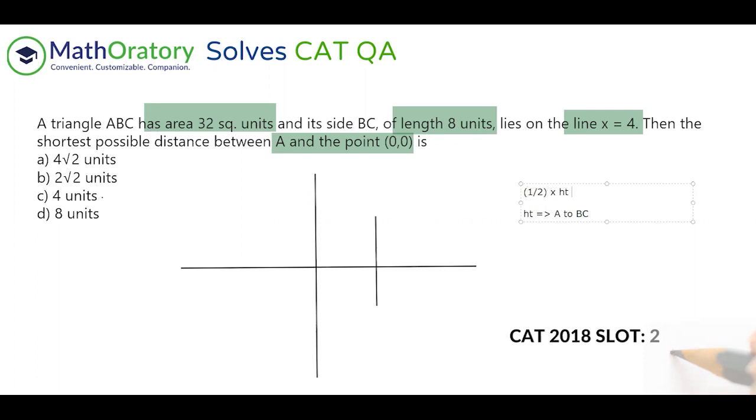So half into height into BC, and BC is 8 units, equals 32. So the height is 8 units. The distance from A to BC will be 8 units.